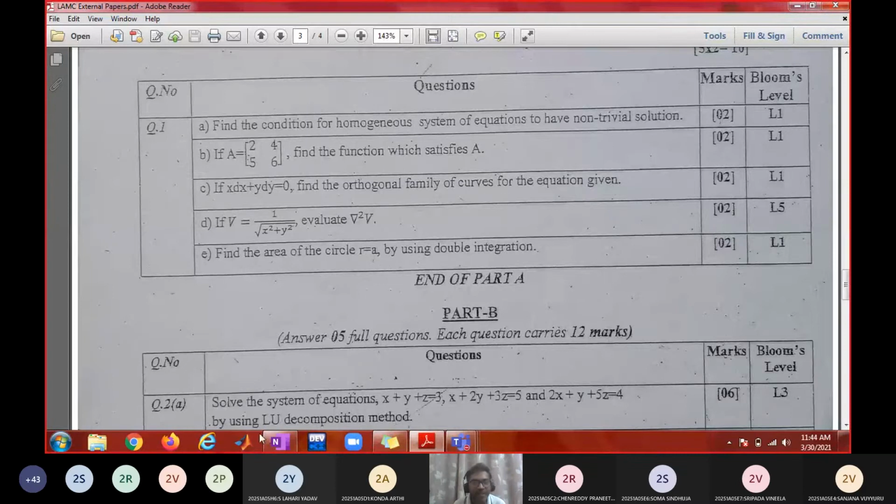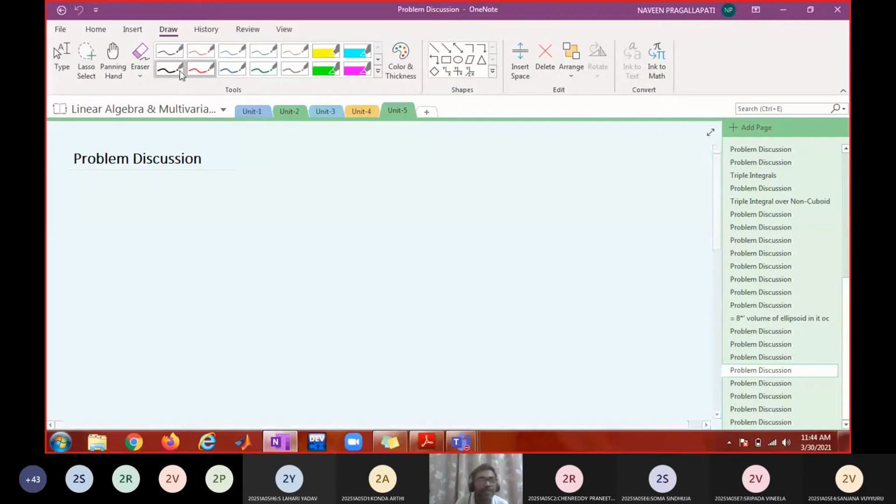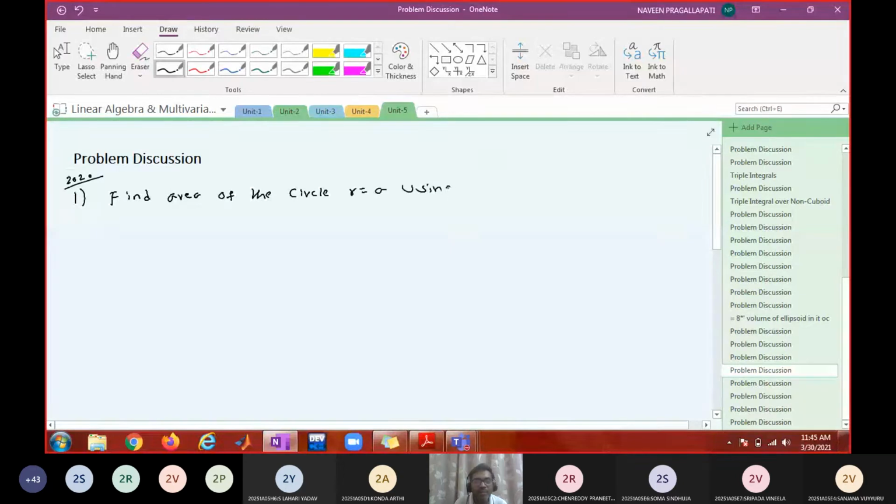How do you find out the area using double integration? Note down this problem. Find area of the circle r equal to a using double integral.